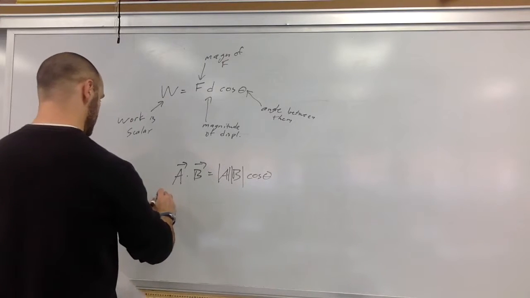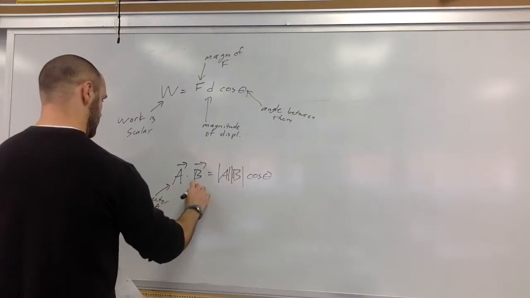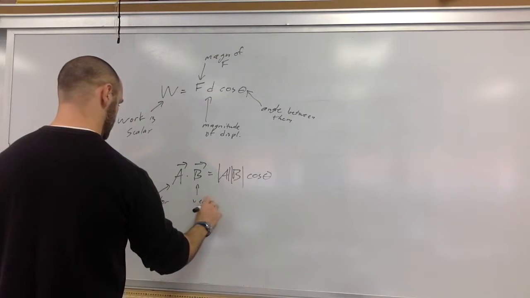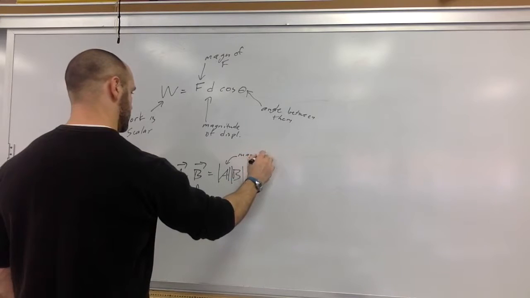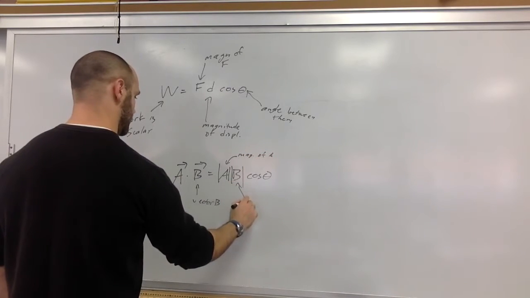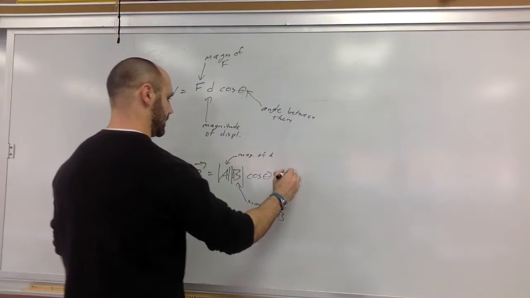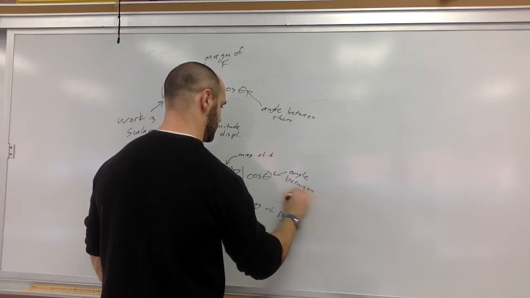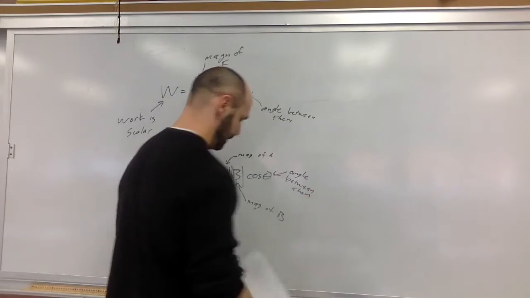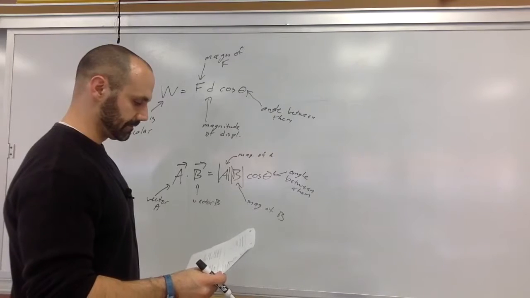This is vector A. This is vector B. This is the magnitude of A, right? The magnitude of B. And this is the angle between them. Again, I hope that that is mostly a review for you.